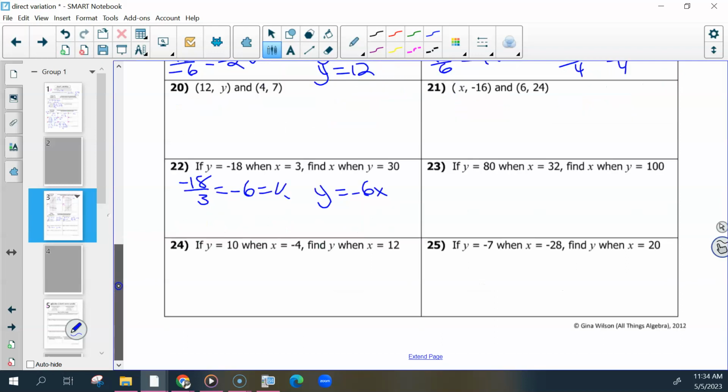Then you are looking for x, and you have y. Put the y value in, and solve for x. What would x be? -5. The double checking is not necessary, but it is a good way to check yourself to make sure you're on the right track.